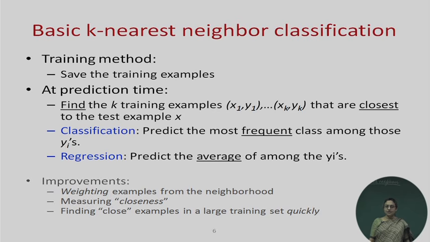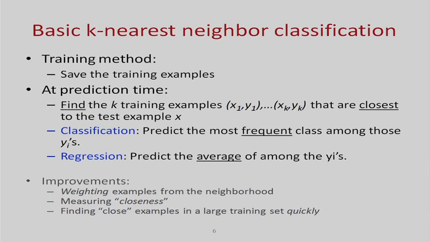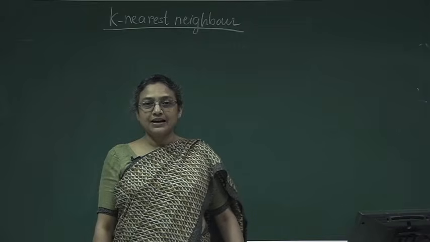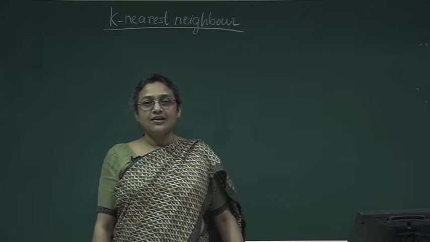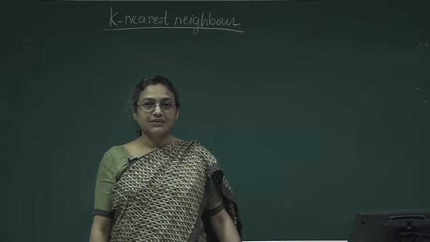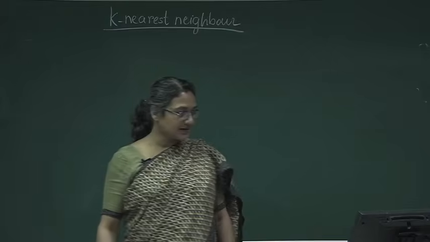If we do not use a good data structure or a good method to store the examples, we have to go through all the training examples, find the distance and find the smallest of them. And if the training set is large, this may take considerable time. So, one issue of concern is to set up data structures so that this can be done efficiently, which we will not discuss today, but you will get some ideas in later classes.